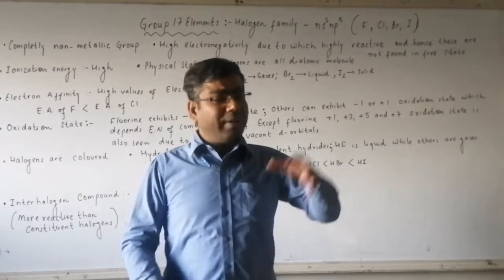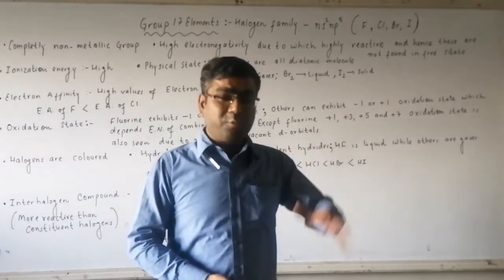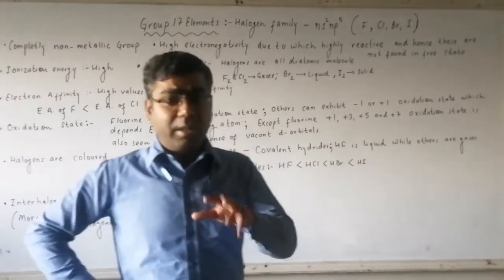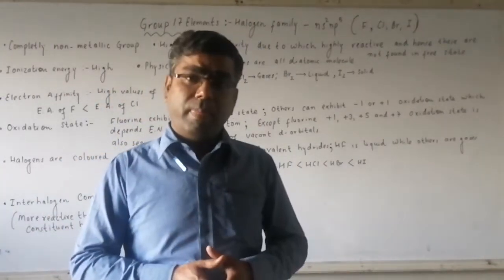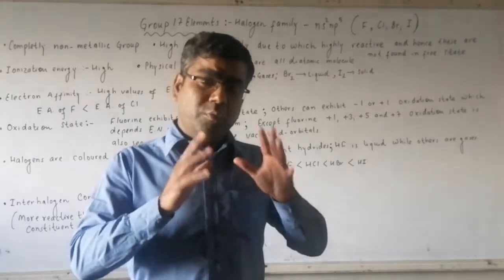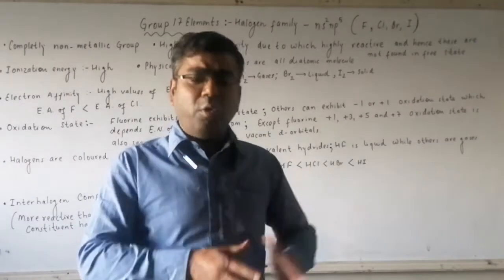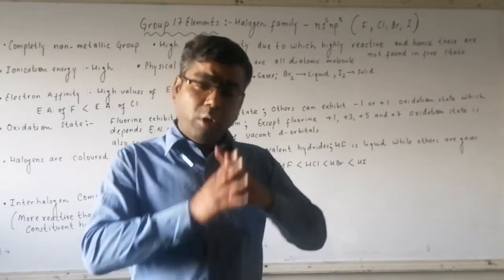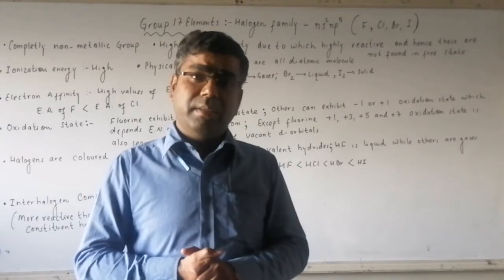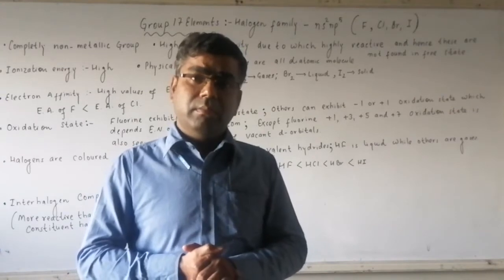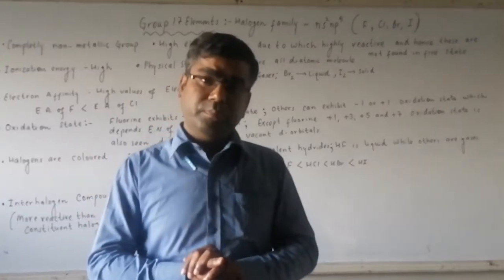Due to small size, the valence shell is closer to the nucleus. So the valence electron feels more force of attraction from the nucleus. If we want to remove the electron, we are going against the force, and for going against the force, we require a high amount of energy. That's why their value of IP is more.